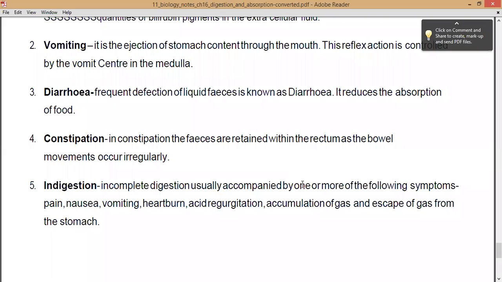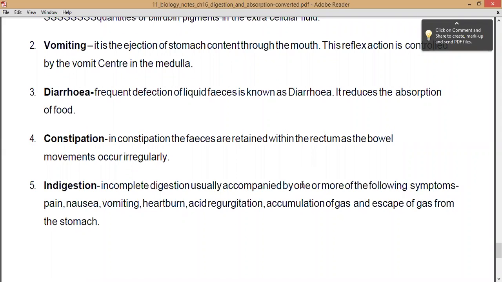Sometimes even food has several pathogens which do not allow proper digestion to take place, and this is the reason you feel that digestion is not occurring properly. So that is indigestion, right?